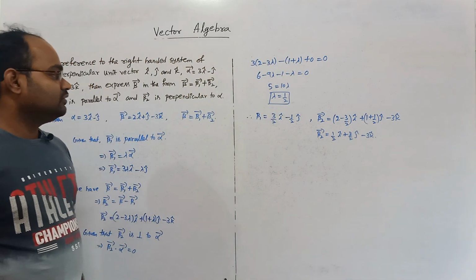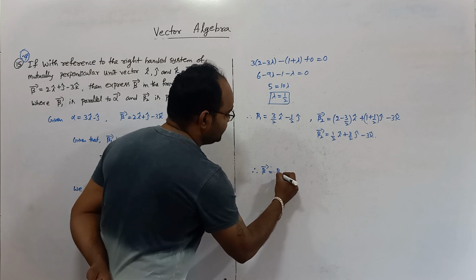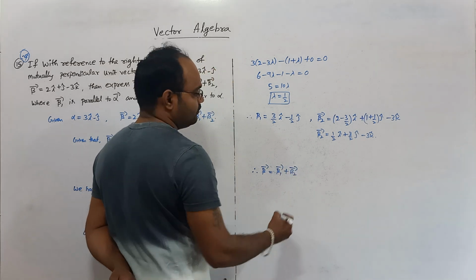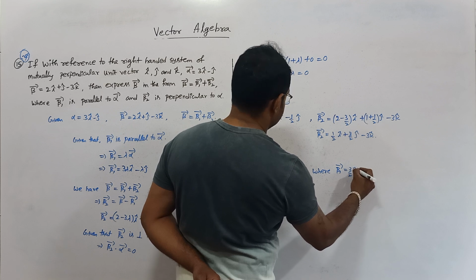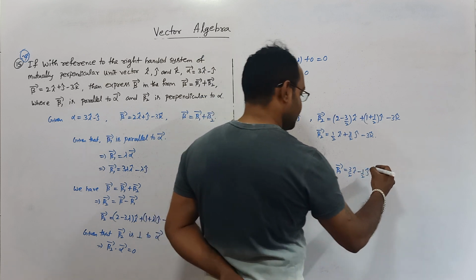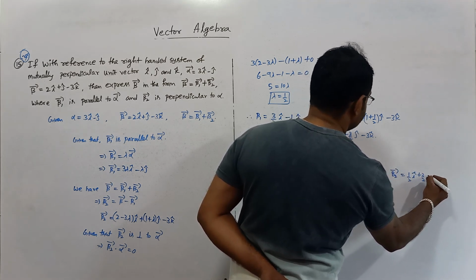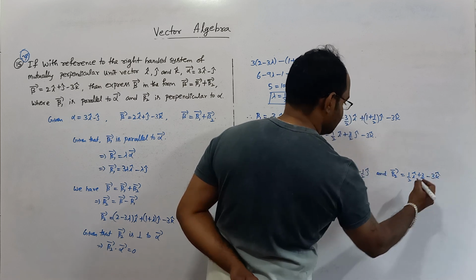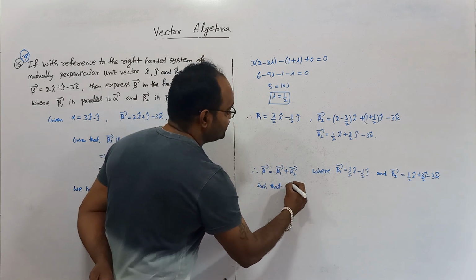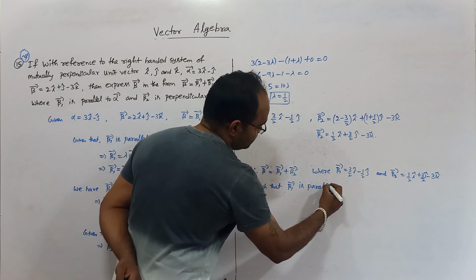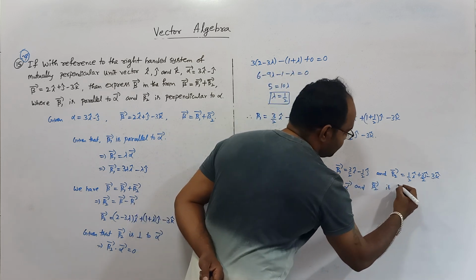So therefore beta is equal to vector beta 1 plus beta 2, where beta 1 is equal to 3 by 2 i minus 1 by 2 j, and beta 2 is equal to 1 by 2 i plus 3 by 2 j minus 3 k hat, such that beta 1 is parallel to alpha, and beta 2 is perpendicular to alpha.